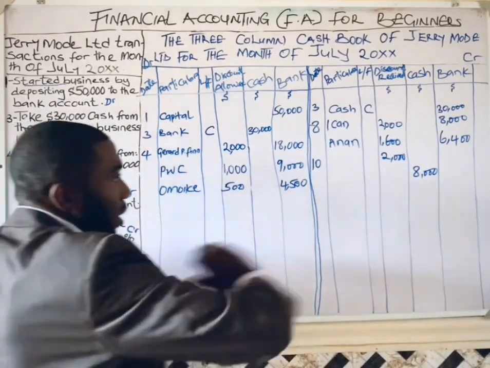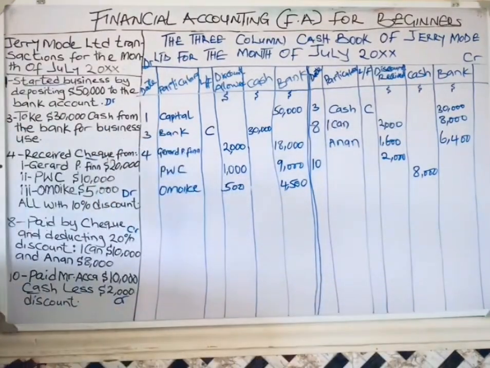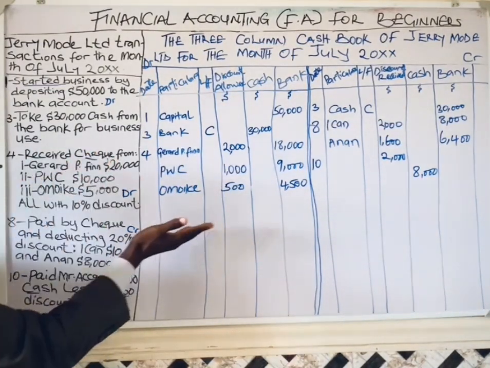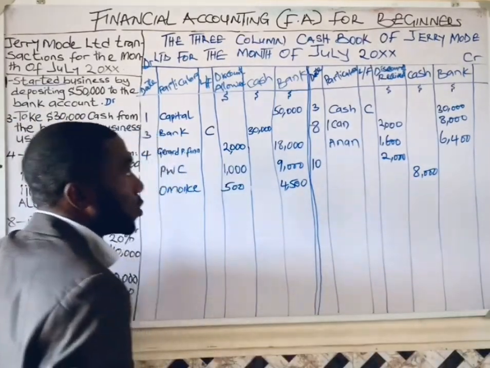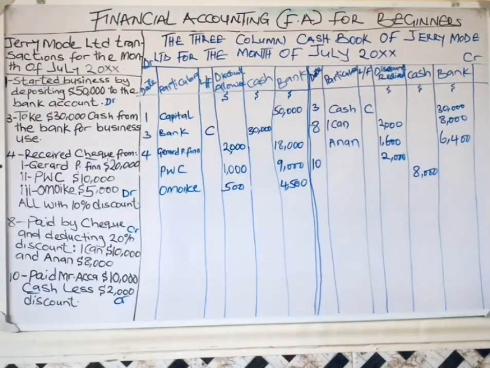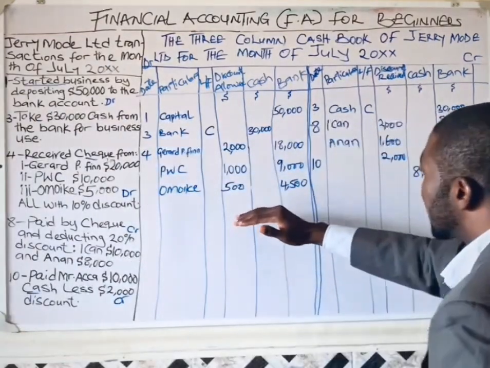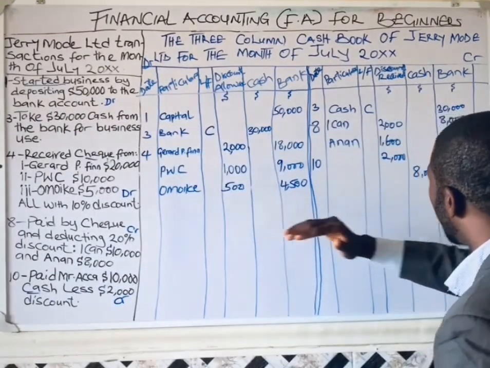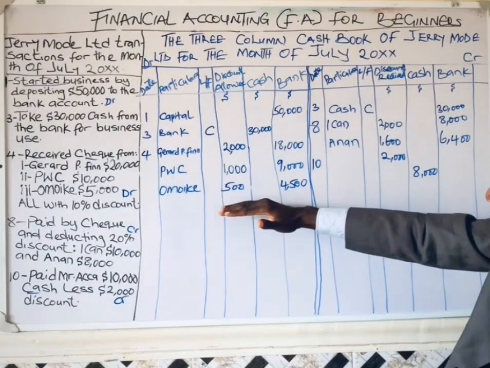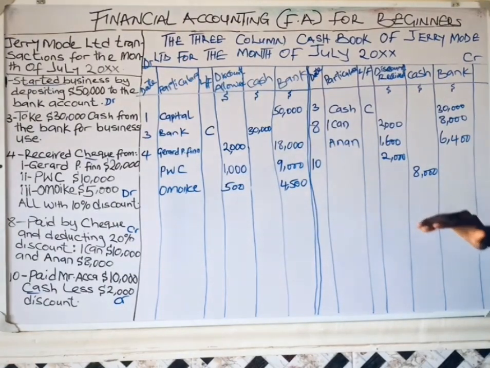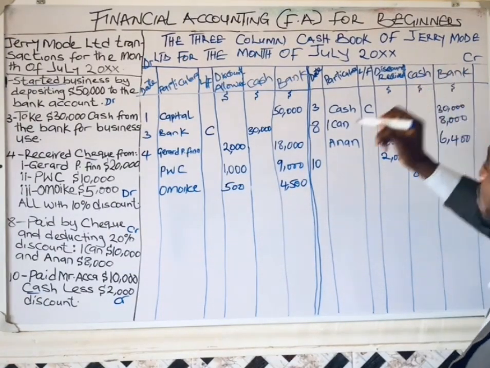We will close up our entries in July and start another in the next month afresh, using the balances that will be left with us. So for you to balance your account, you compare the debit side of your account and the credit side of the account. So now let's do it.